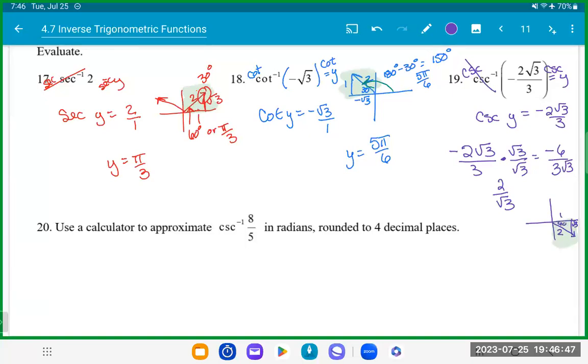So this must be 60. 60 degrees is equal to pi over 3. But I can't do this as I was just explaining, right? Because I break into the restricted area. So I would actually have to say that the solution here is negative pi over 3 because we're going to come from here and go this way. And so my y is equal to negative pi over 3 for that inverse.